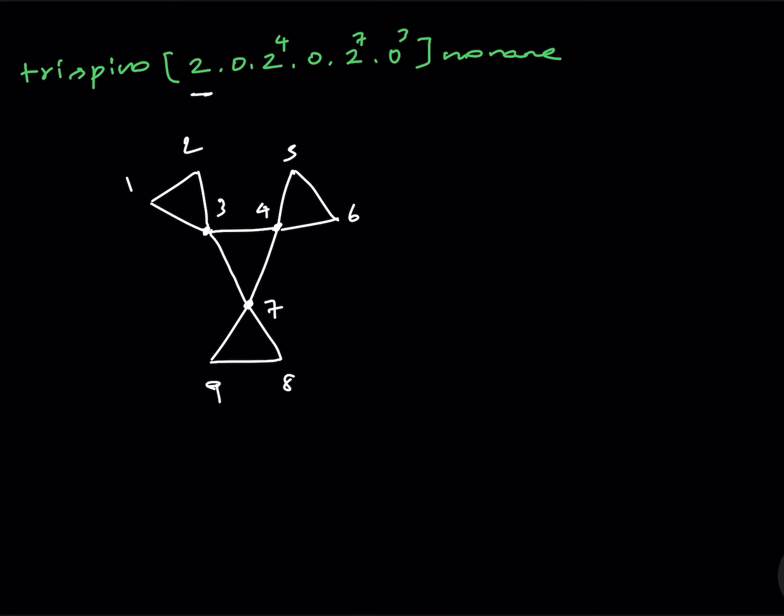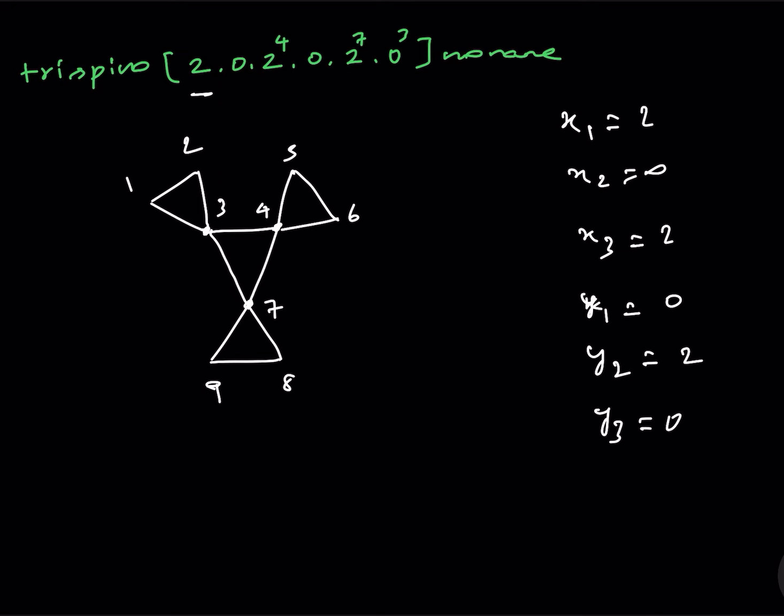So basically x1 is 2, x2 is 0, x3 is 2, y1 is 0, y2 is 2, and y3 is 0. Do we have the spiro centers at 4, 7 and 3 position?